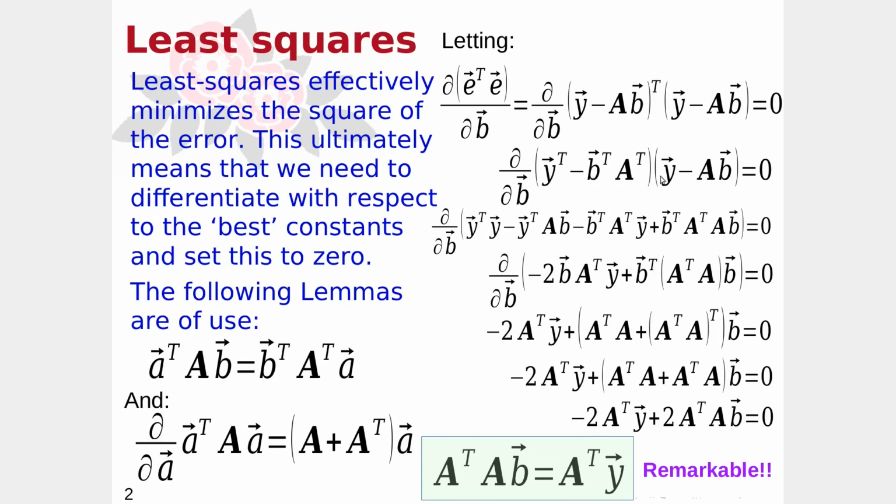Then we multiply this, which is b transpose A transpose times y, and then we have b transpose A transpose A b. And we're being careful here to multiply in the right order, as we know that order is important when multiplying matrices together.